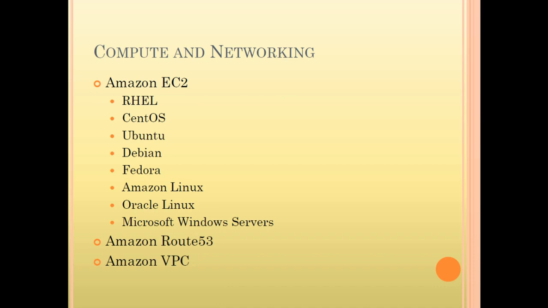In Route 53, we deal with the DNS system which we can configure on the AWS platform. And the third service which falls in this category is VPC. It allows us to create a virtual private cloud in AWS, meaning you can launch your instances or servers in a private space and not in the public space within your cloud.